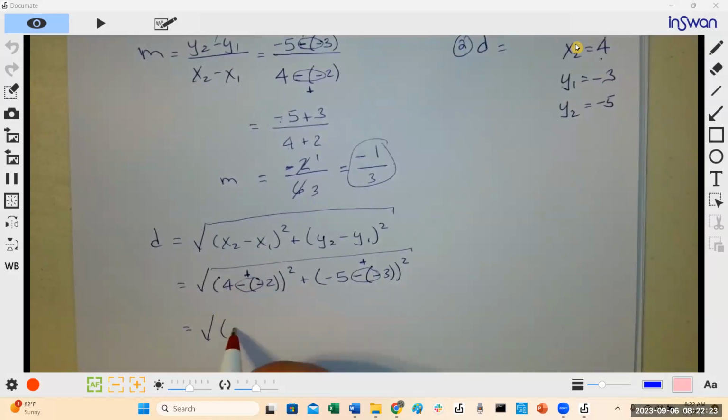Four plus 2 is 6. -5 plus 3. Again, it's negative because 5 is bigger. 5 minus 3 is 2.